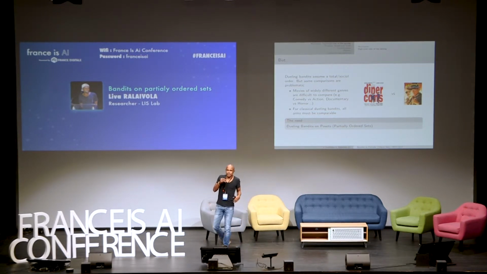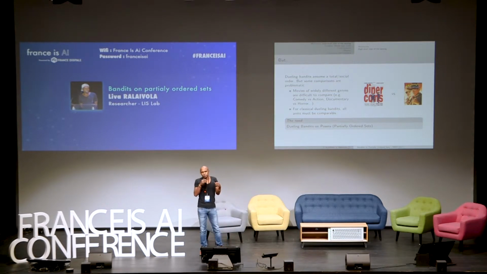So in the case of dueling bandits, the assumption that is made is that all pairs of products are comparable to each other. In fact, if you look at real-world applications, it often happens that the products cannot be compared.